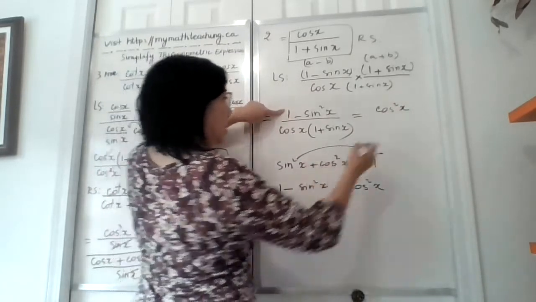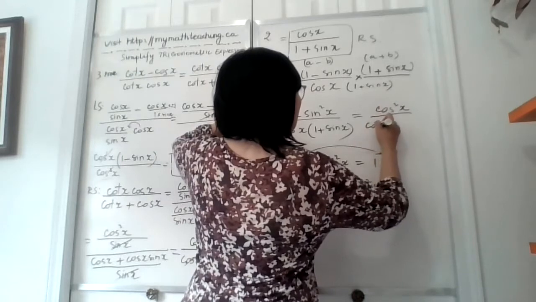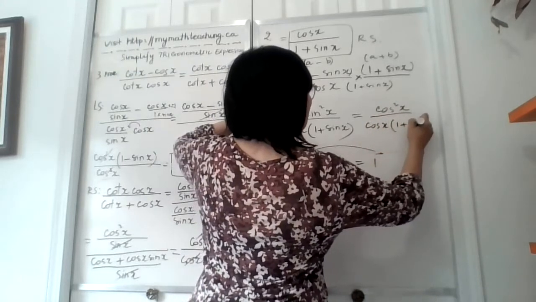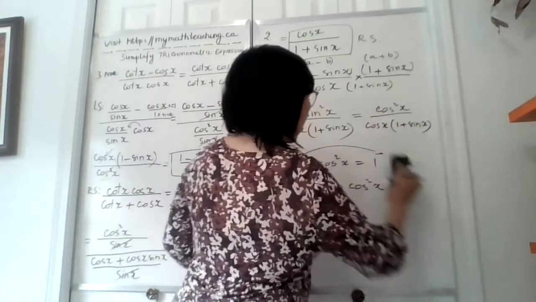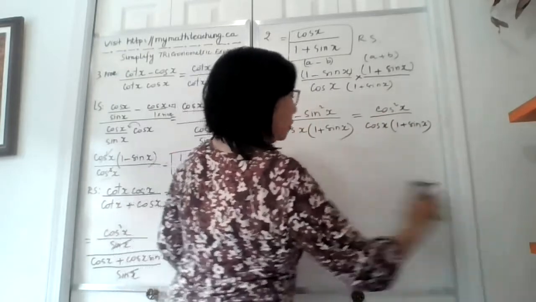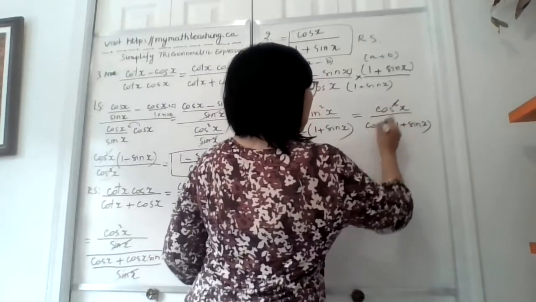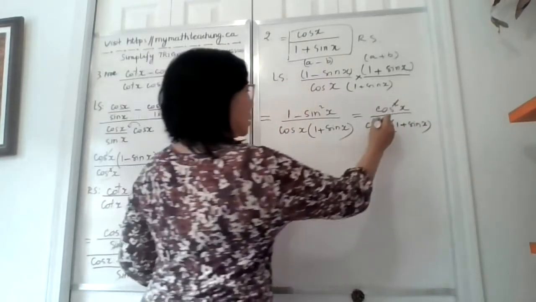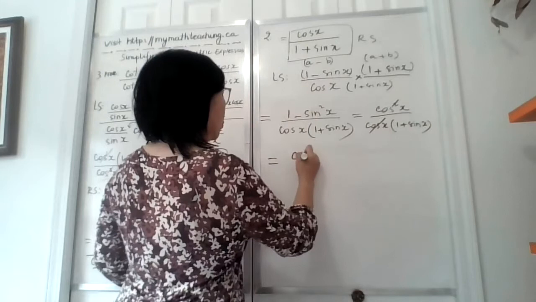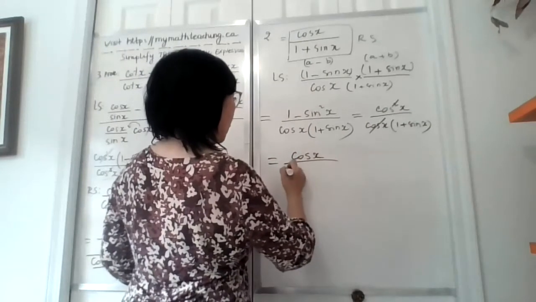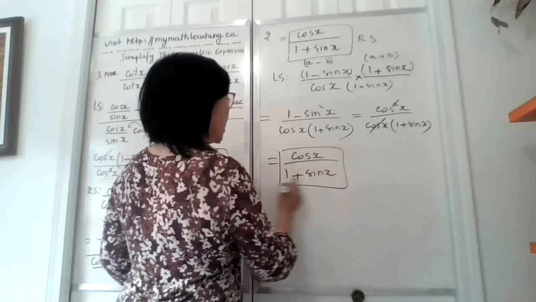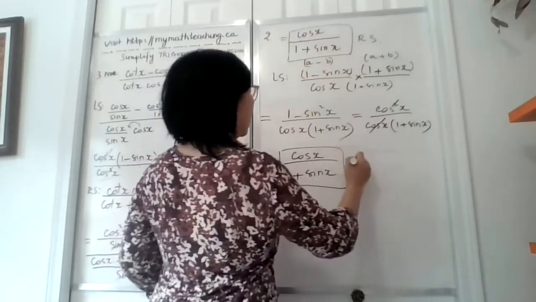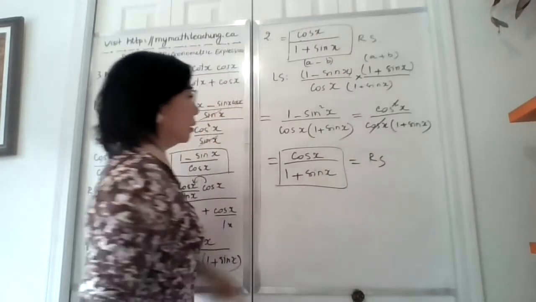Based on the first trig identity. And down here, I have cos x times 1 plus sine x. Now, at this point, I can cancel this. That becomes power 1 and this is gone. So I'm left with cos x over 1 plus sine x. And this is exactly the same as the right hand side.